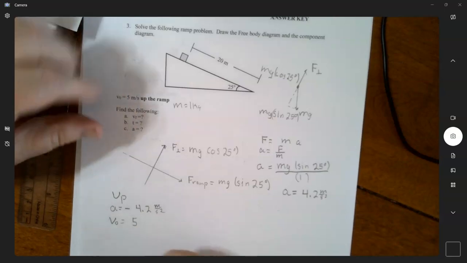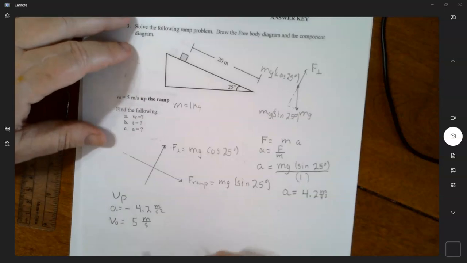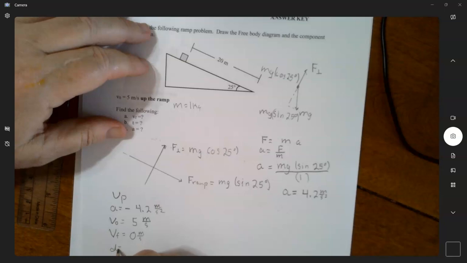That's what we're pushing it up with. We know when it gets to the highest point on the ramp, it's going to come to a stop, so we have a final velocity. And we want to see two things. We want to know the distance up the ramp it goes, I'll call that d up, and how much time it takes to get up the ramp.